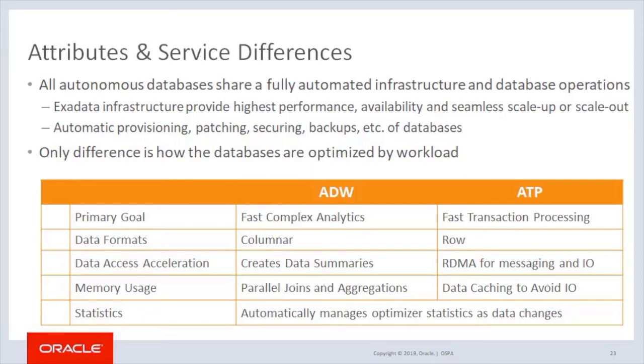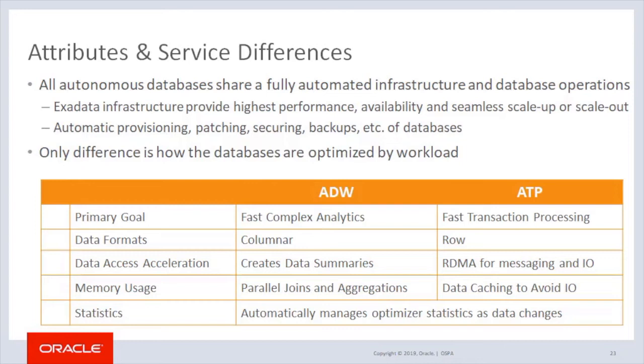Autonomous Data Warehouse is optimized for complex analytics, while Autonomous Transaction Processing is optimized for high throughput transaction processing. When you start loading data into the Autonomous Database, we store data in the appropriate format for each workload. If it's an Autonomous Data Warehouse, then we store data in columnar format, and that's the best format for analytics processing.